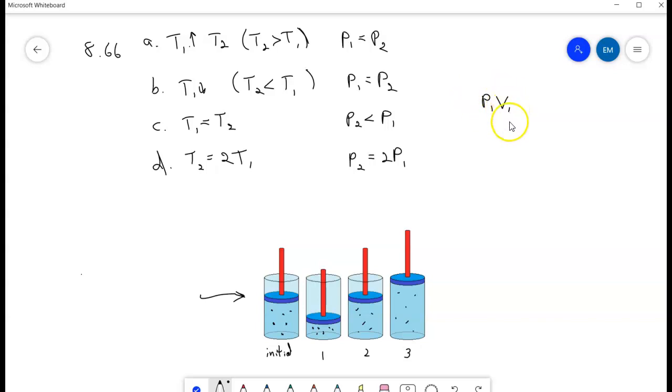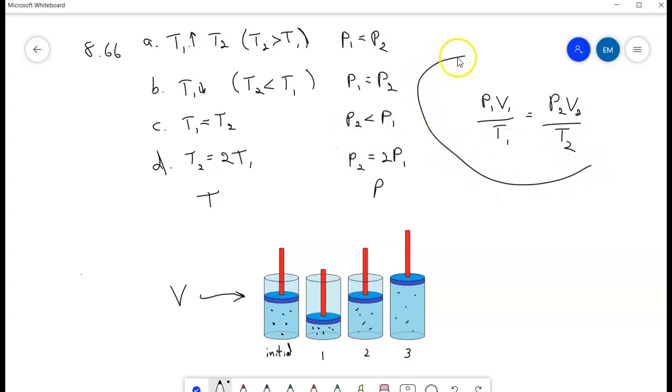P1 V1 over T1 is equal to P2 V2 over T2, right? That's what we're looking at, combined gas law. We have temperature here, we have pressure here, and we have volume here. So we know how they operate. We know how they interact. But they interact according to this equation here.